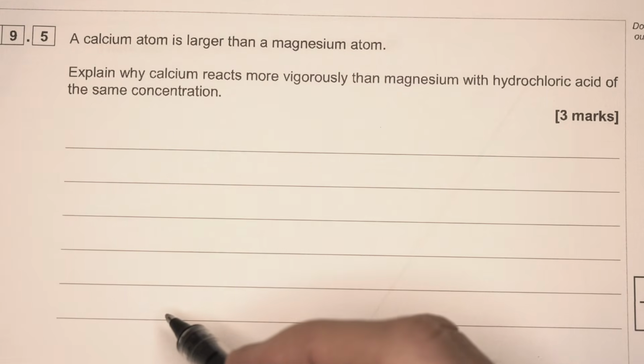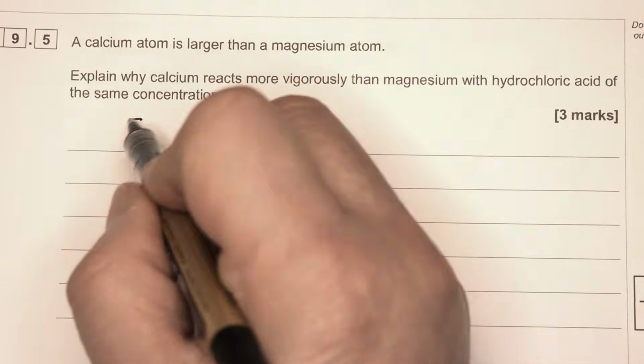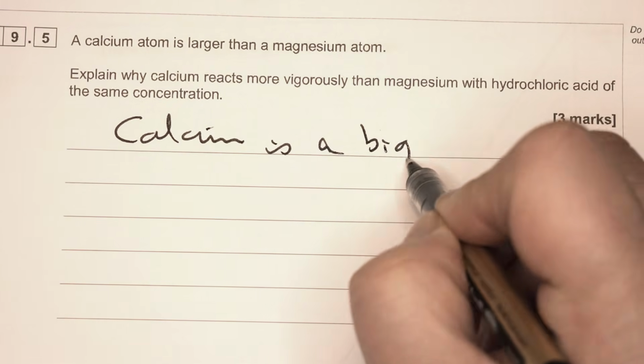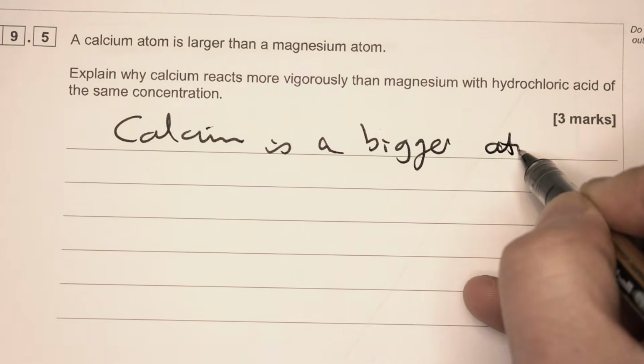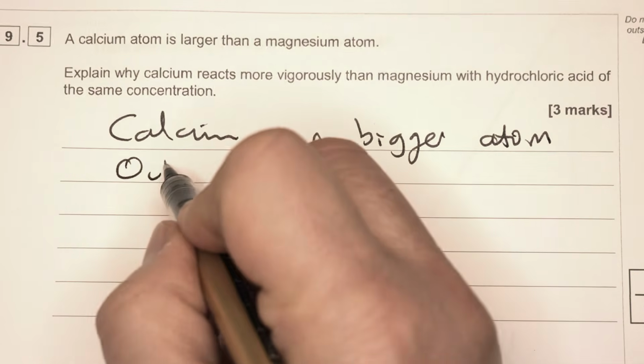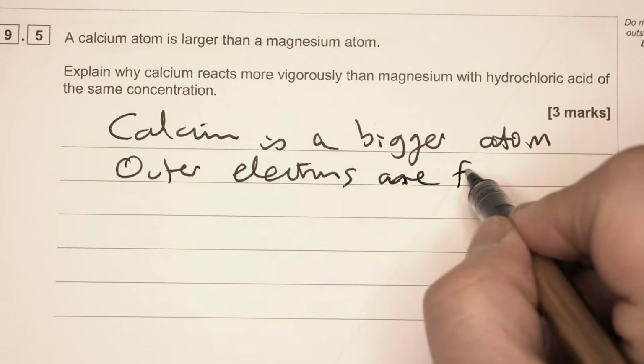They're both in group 2. They've both got to lose 2 electrons. So we can say that calcium is a bigger atom, or it's got a larger atomic radius. That means the outer electrons are further from the nucleus.